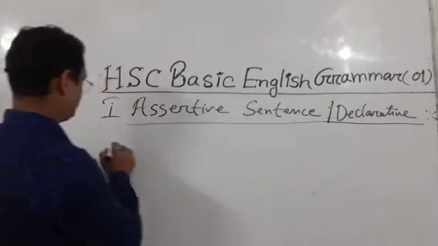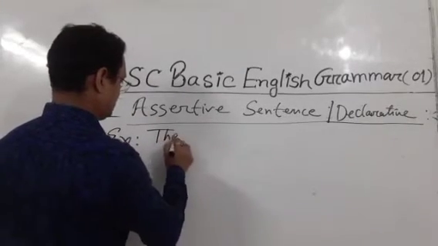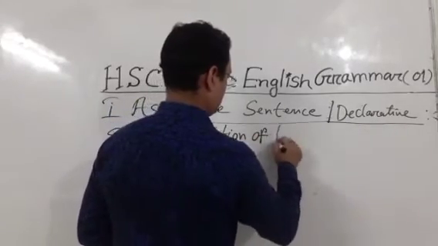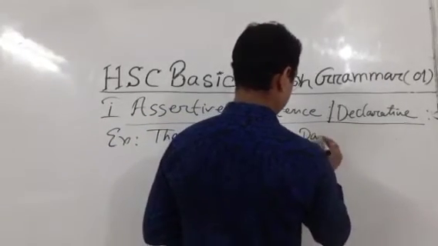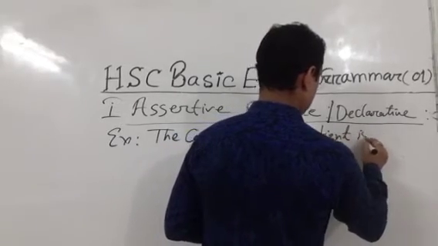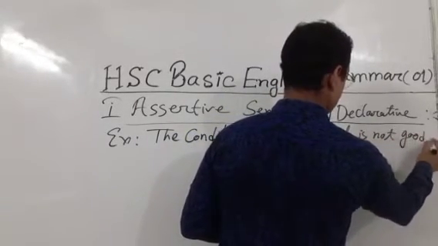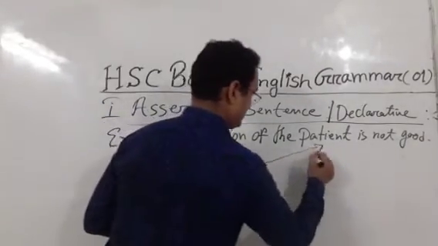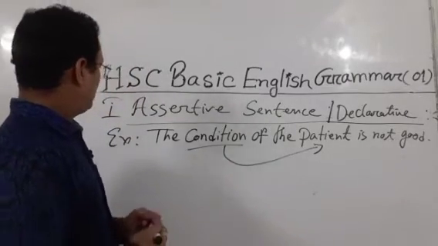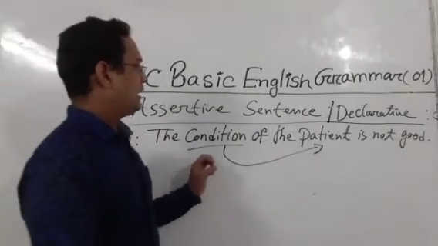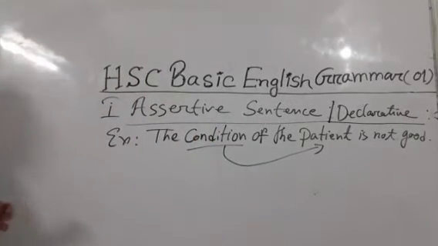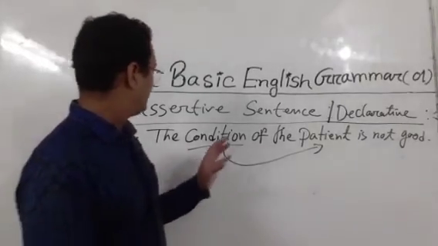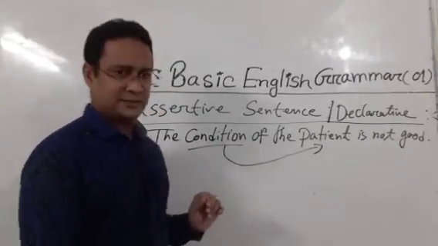For example, the condition of the patient is not good. So in this sentence, we are saying about the condition of a patient. Am I right? So when a sentence expresses a condition, a situation, or describes something, that means gives information about something, then we say it is an assertive sentence.